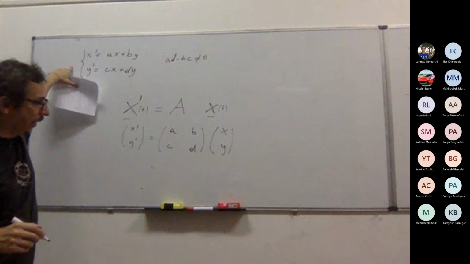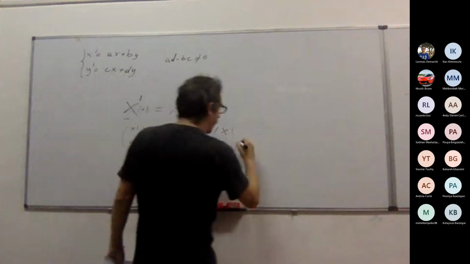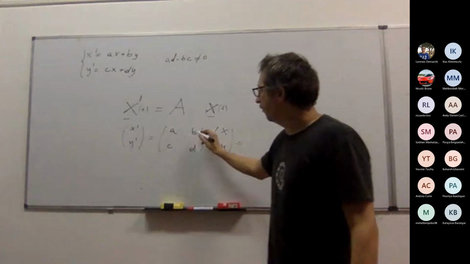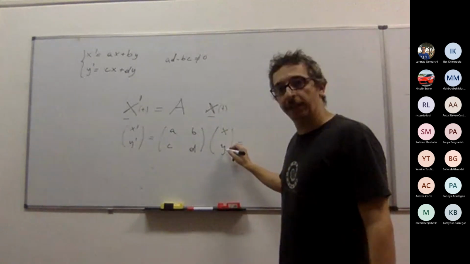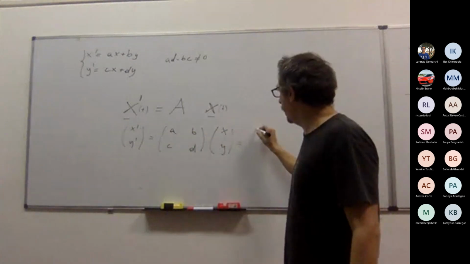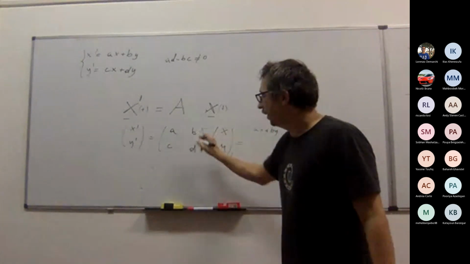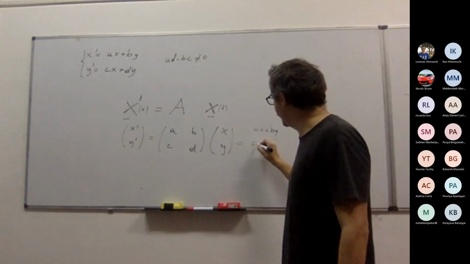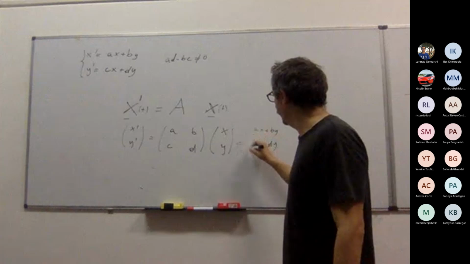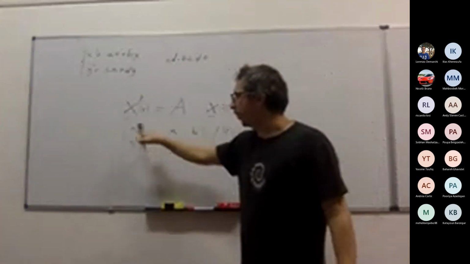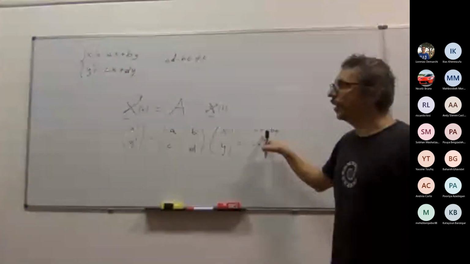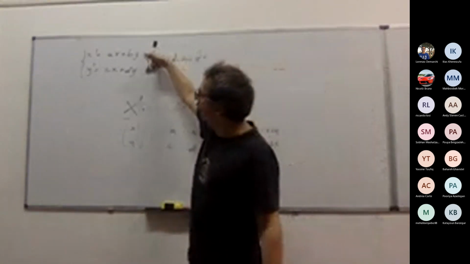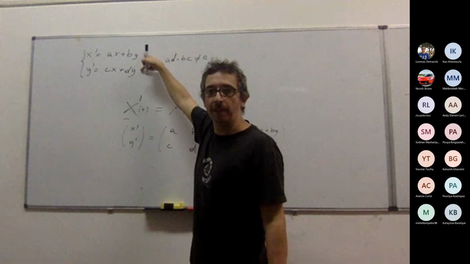So basically, if I'm doing the matrix multiplication, I multiply the first row by this column and I get ax plus by. And then I multiply the second row by this column and I get cx plus dy. So this system tells me x prime equal to ax plus by, and y prime equal to cx plus dy, which is exactly these two equations that I wrote in the system.